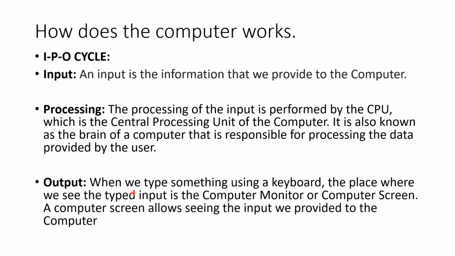Output. When we type something using a keyboard, the place where we see the typed input is the computer monitor or computer screen. Suppose you are giving the input to the computer by pressing the alphabet key A, that would be processed by the CPU and gives the output on the monitor by displaying the letter A. Like this you can see logical operations and many more in the output devices.